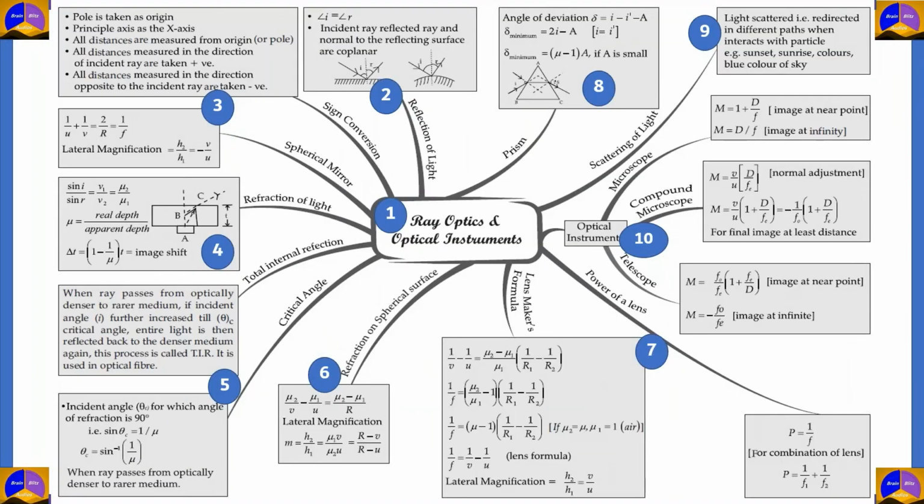Now, we've studied optics, especially ray optics, but what about the instruments that make these work? We've talked about a couple of instruments such as lenses, the human eye, etc., but there are some other instruments which are also really helpful in visualizing the world around us.